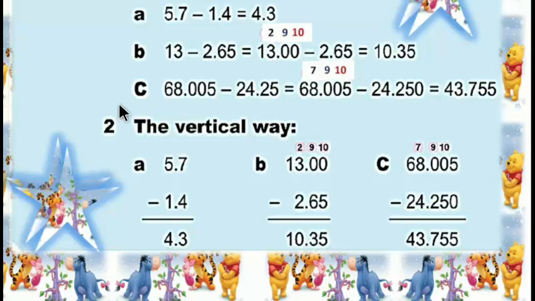The third example, 68.005 minus 24.25. We can put this example in vertical way. But take care, you must balance two numbers by put 0, okay, here on the right of digit 5.